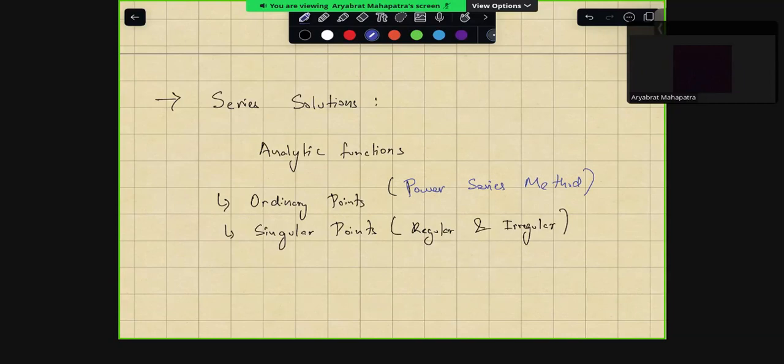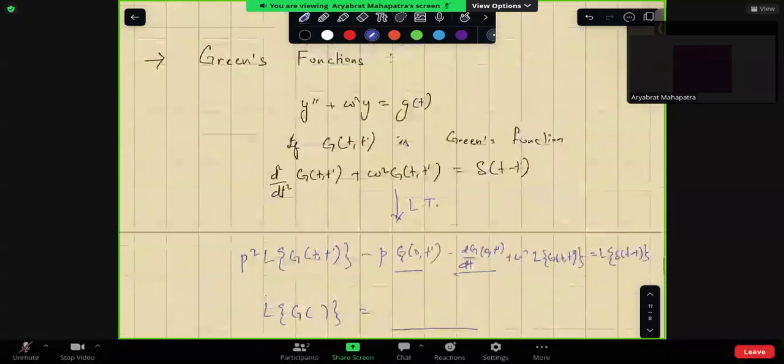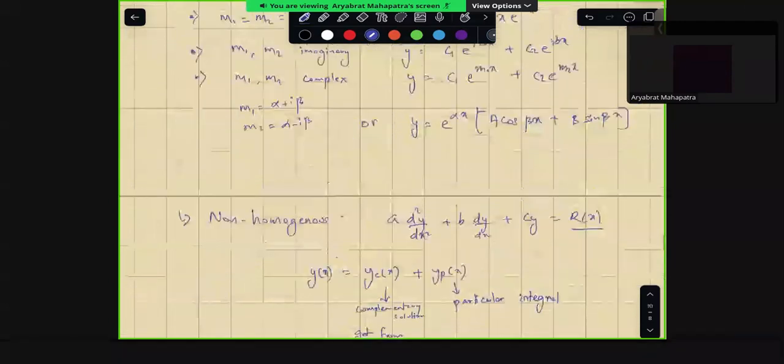And for regular singular points, we solved using the Frobenius method. In a nutshell, these were the things we went through.